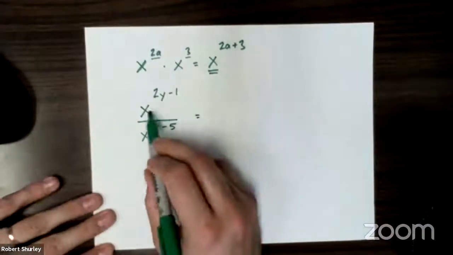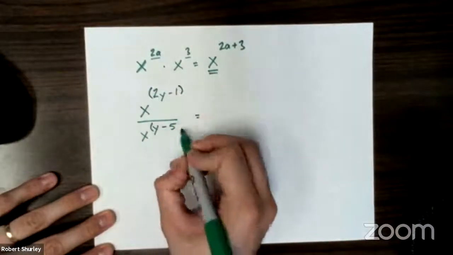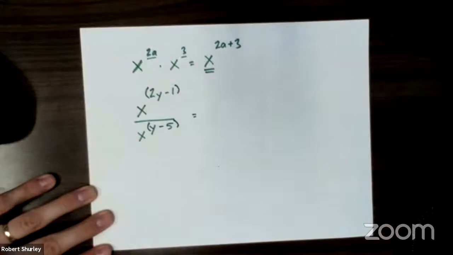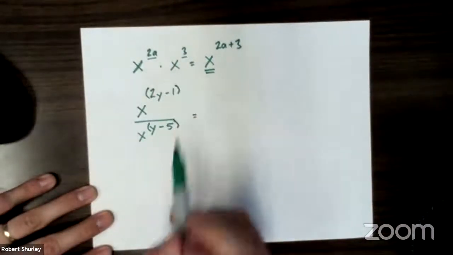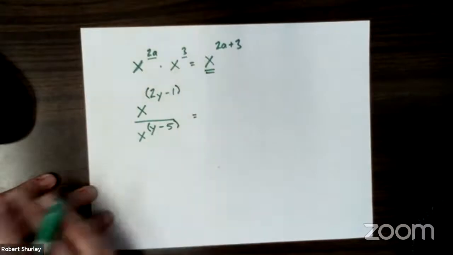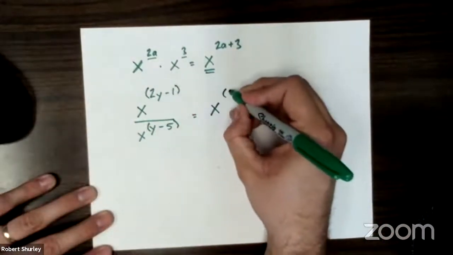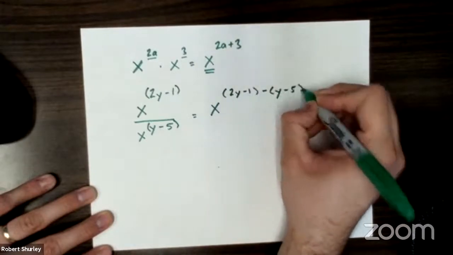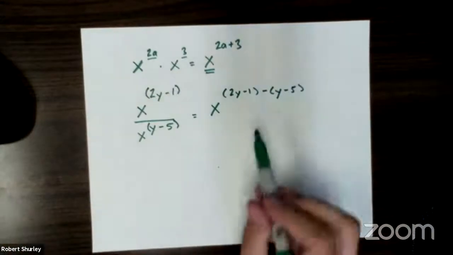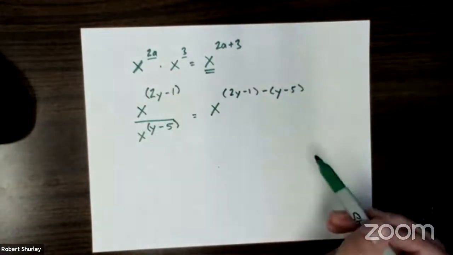Now on this one, again, I'm going to think of this entire exponent in parentheses. It kind of helps me visually see it. Notice the x is raised to the 2y minus 1. This x is raised to the y minus 5. So if we wanted to combine them, it would be the top minus the bottom, right? The top exponent minus the bottom exponent, okay?